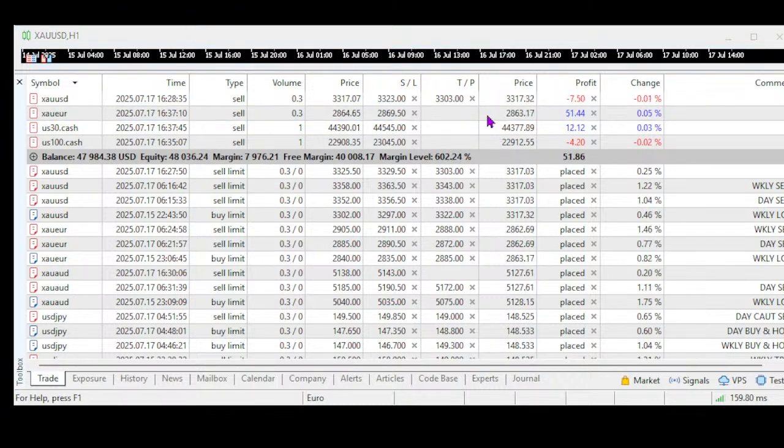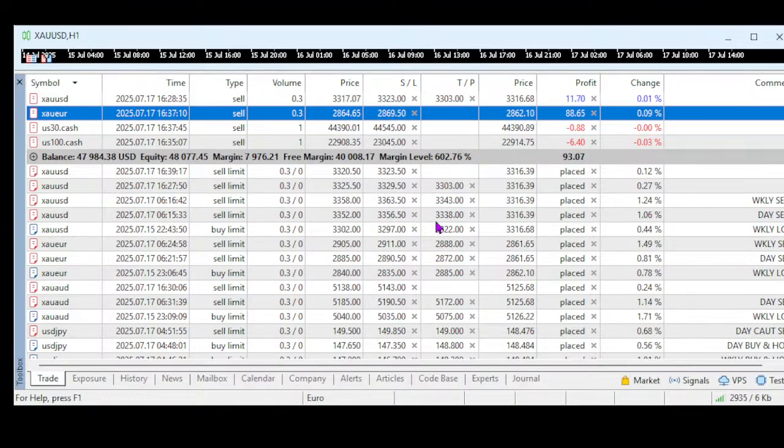That is $3,320 half, stop loss 23 half, and the TP we are going to work out later.